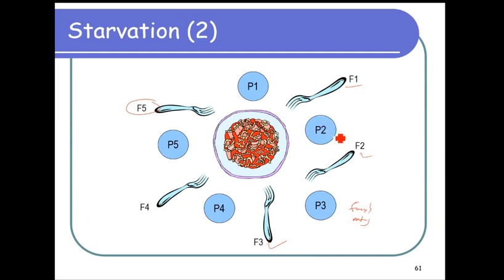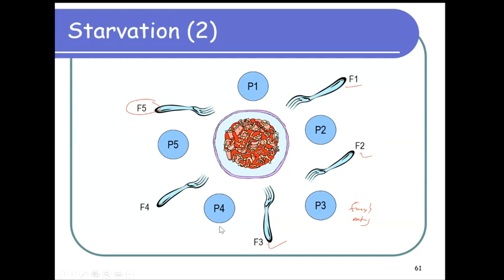Still, he cannot eat because he has to use both the left and right forks. P4 and P5 are still thinking, maybe because they had lunch earlier. P1 hasn't finished eating yet. P1 is eating a lot and not thinking of others.